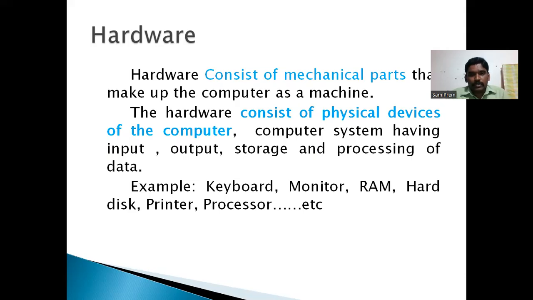A computer system has many devices like input devices, output devices, storage devices, and processing devices. These physical devices connected to the computer are called hardware.